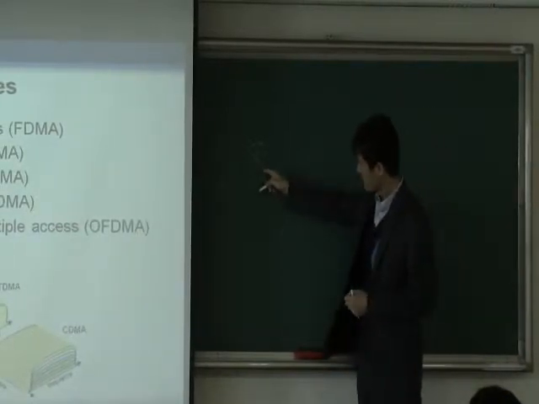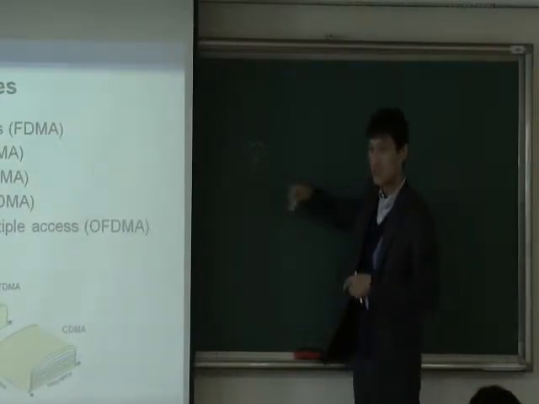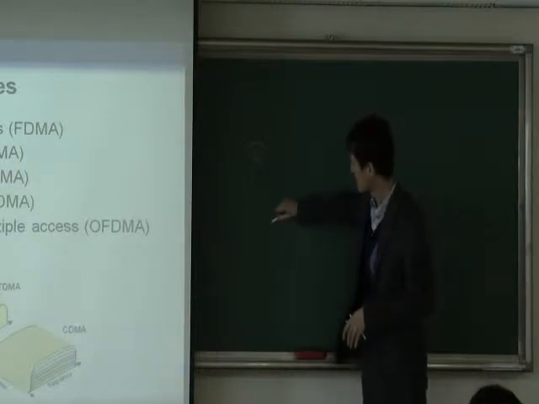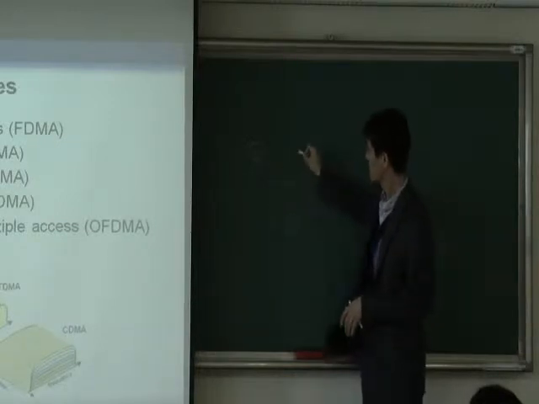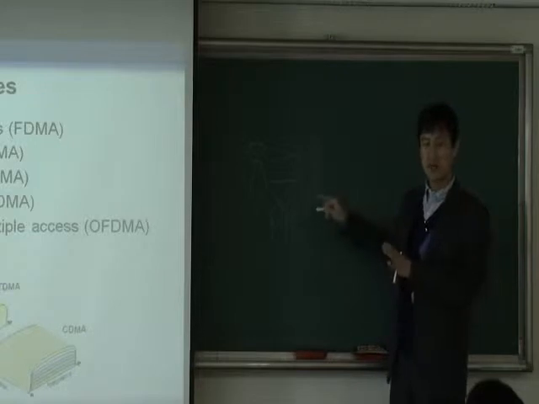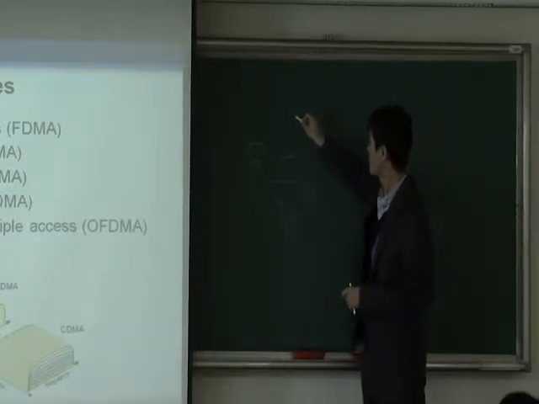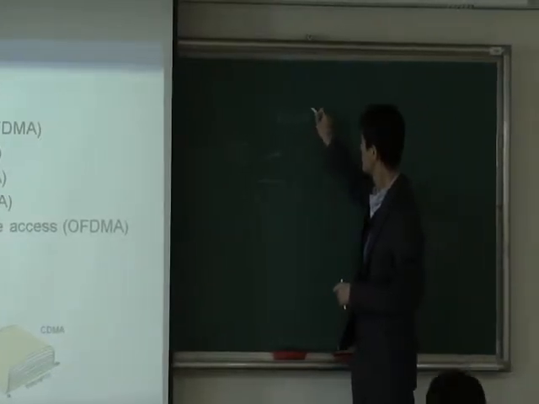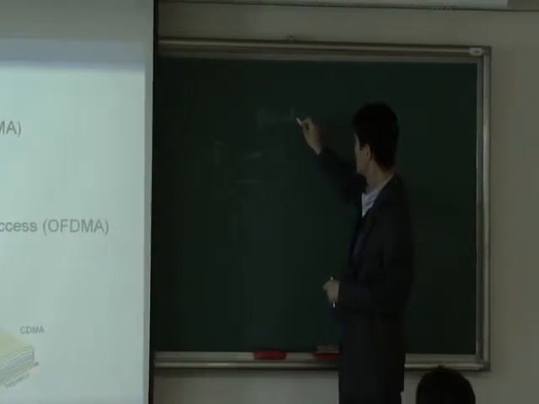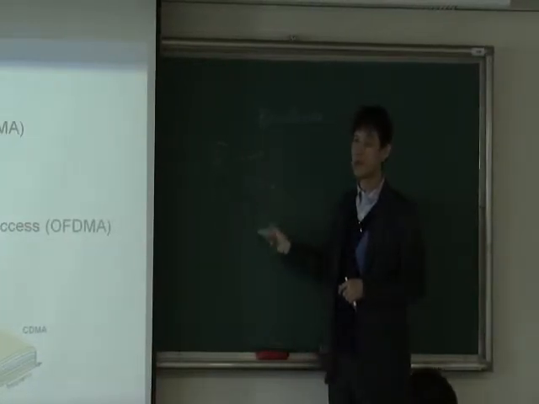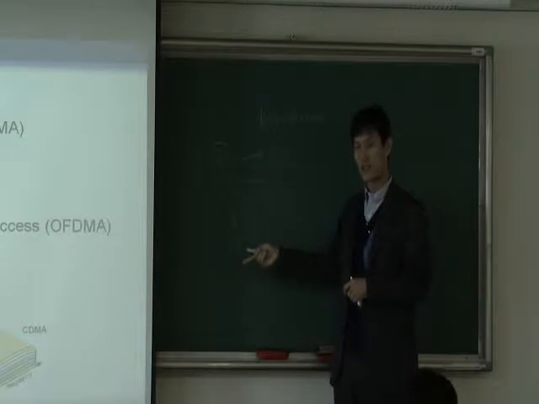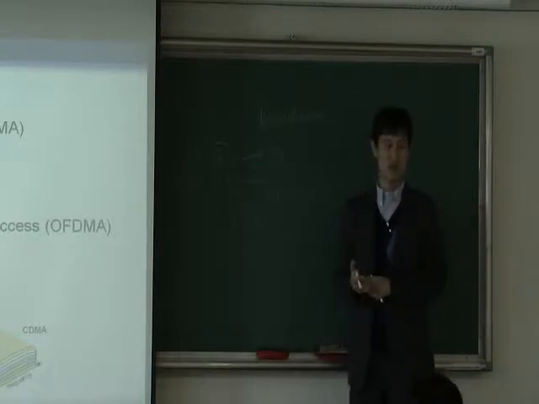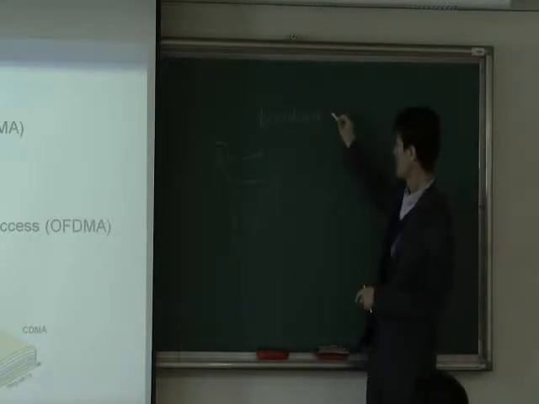This base station may transmit some information to everyone. This kind of condition is typically called broadcast. So this is the condition of one to many. One to many is broadcast. Broadcast channel.